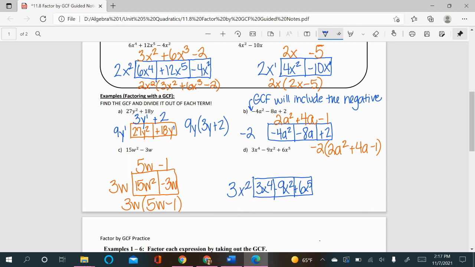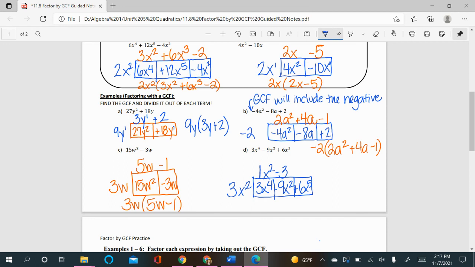Okay, so I already have a 3 here and a 3 here, so I can just put a 1. But then x squared times what would give me x to the 4th, and that would be x squared. And then I have a -9 here with a 3 here. So -9 divided by 3 would be -3.